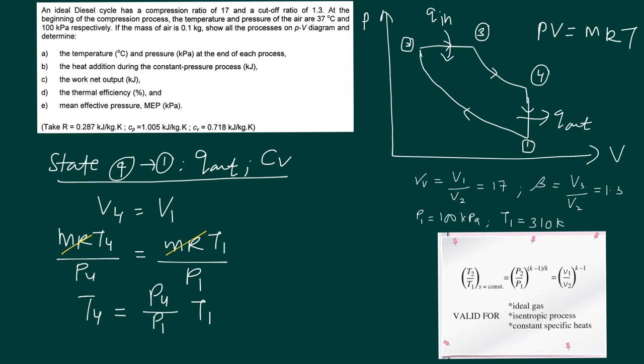Alright, so let's have a look at what are the unknown values in this equation. P1 is already given to you and T1 is already given to you. So you need to solve for your T4. Unfortunately, you don't have your pressure at 4, right? So your pressure at 4 is at this value.